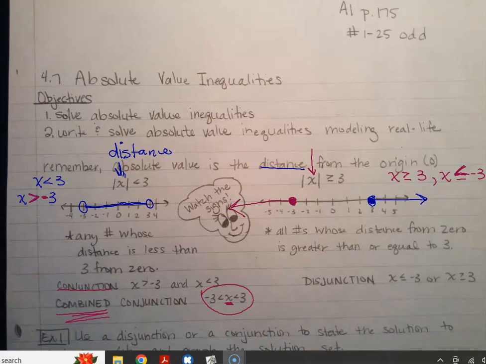Those can be written like that because your x values are in between there. The greater than ones are always disjunctions. They're always the or statements when we're doing absolute values. So we're going to have to remember that as we move on, because in example 1, we get to get some practice in.